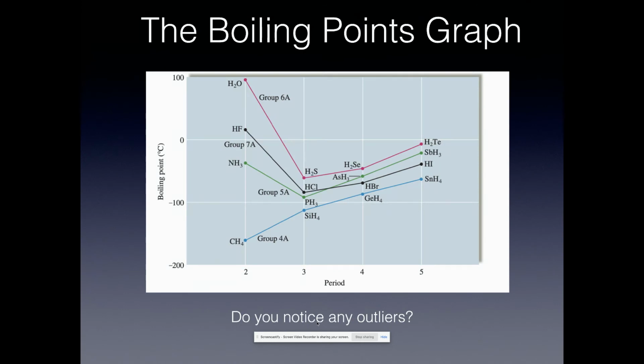Now, this graph is one of my all-time favorites. It really explains how strong an effect hydrogen bonding is. We're going to look at the lowest of these lines, which is in blue here. And these are the boiling points of the hydrides of elements from a certain group. Now for group 4, CH4, SiH4, GeH4, grab your periodic table, take a look at it.